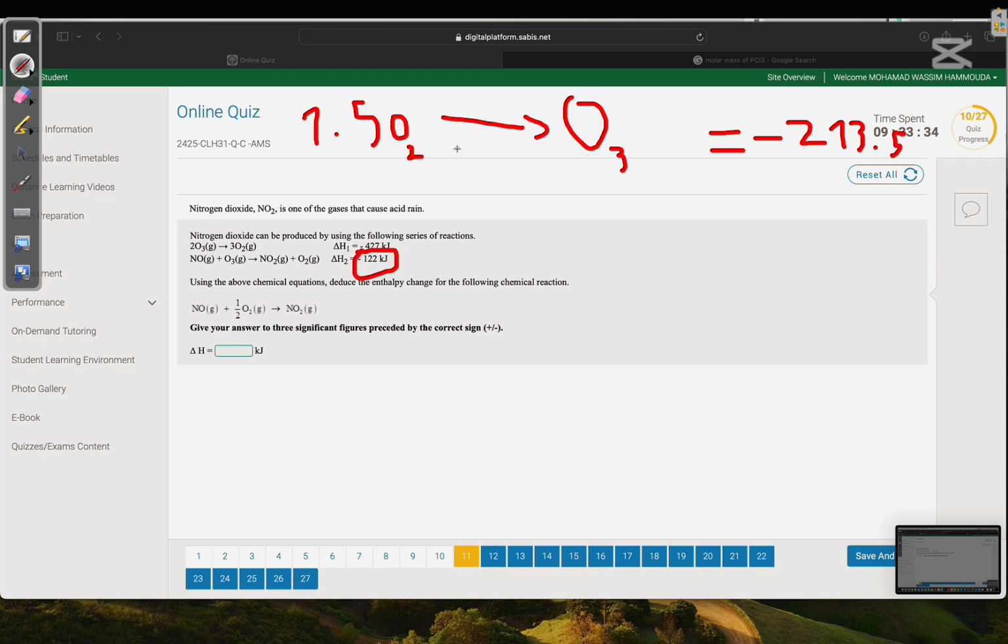Okay, when you see the same molecule, compound, element, anything on two sides with the same moles, cancel them out. If you see them with different moles, just subtract. So here we have NO plus O3, which will give us NO2 plus O2.